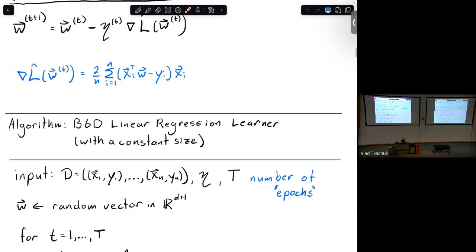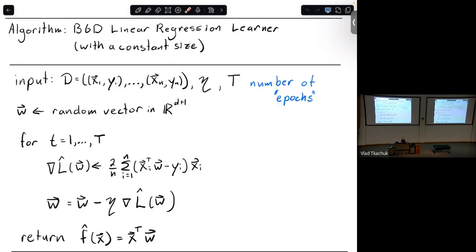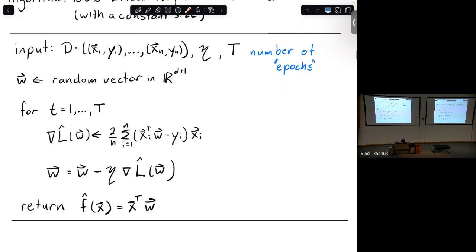And the corresponding algorithm was now this iterative algorithm, which took in a data set, but also took in an extra parameter called the step size and the number of epochs you run for. If we want it to be completely formal, we should technically say that now our learner doesn't only take in as input a data set, but also takes as input a step size and a number of epochs, or people will say that these are extra parameters passed to the learner, they're hyperparameters passed to the learner.